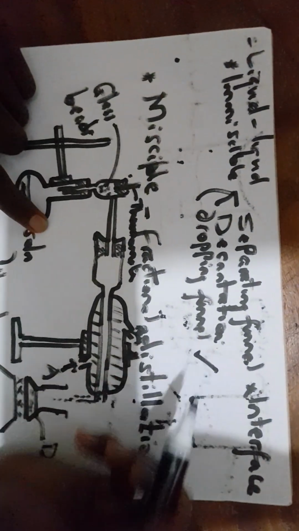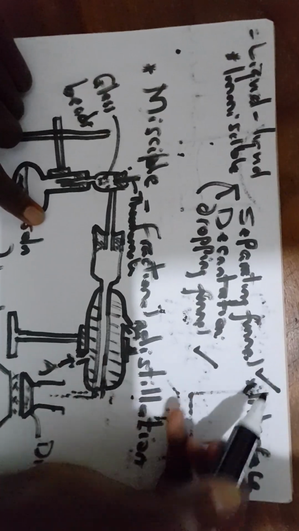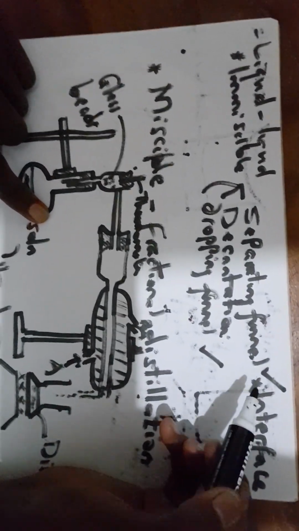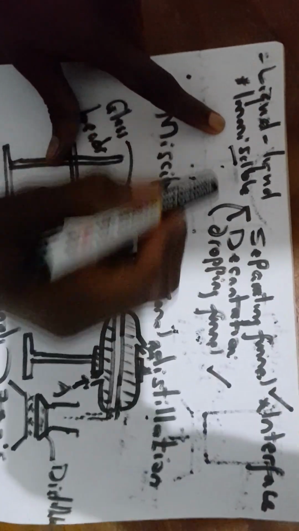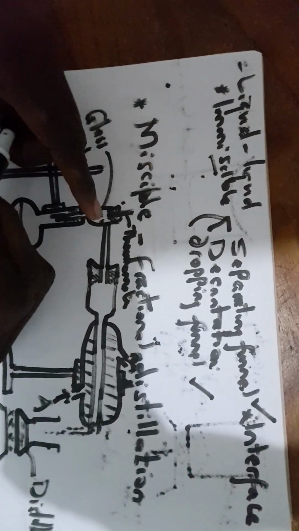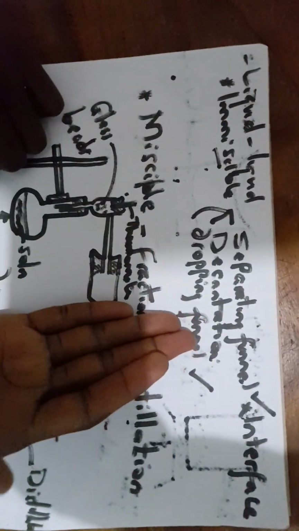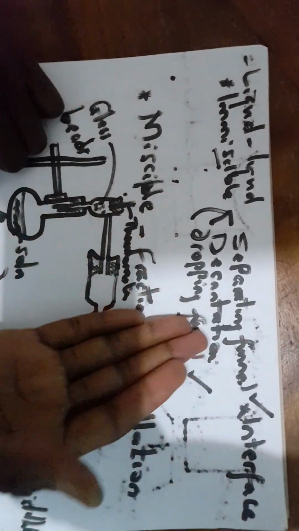We also have the dropping funnel, which works the same as the separating funnel. But these methods are not that accurate. So there is a problem when it comes to the separation of immiscible liquids, especially when you're using this apparatus. Can we now go into the miscible?